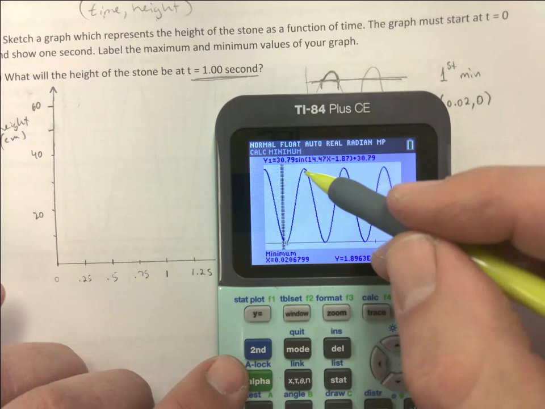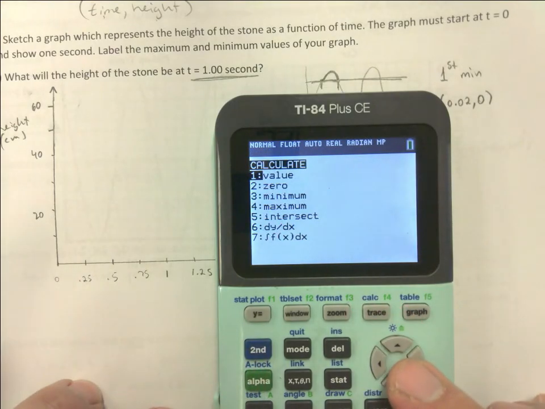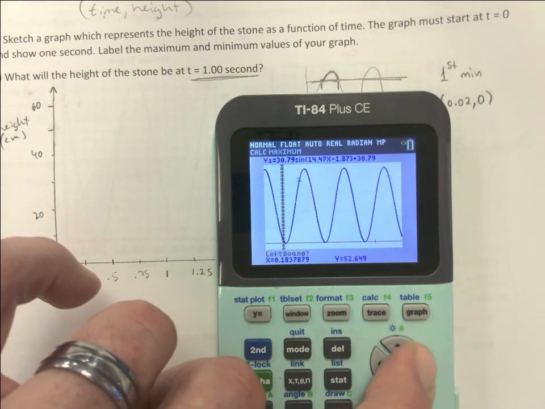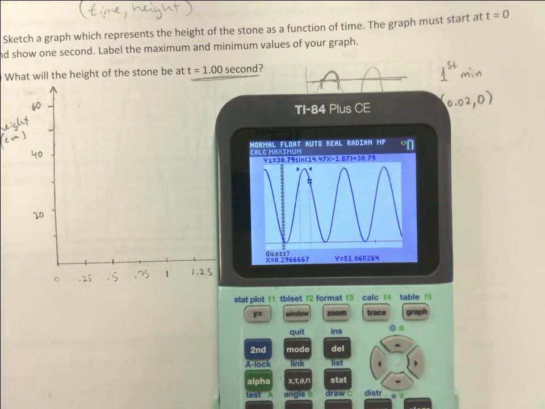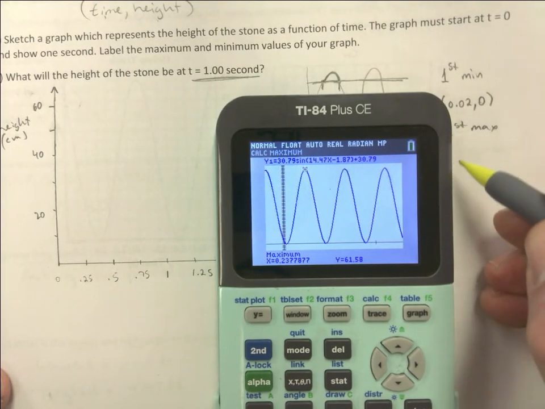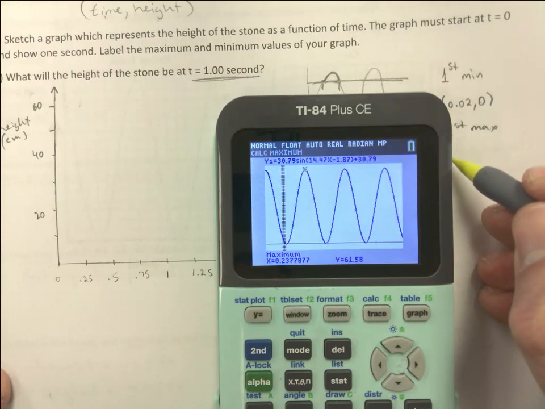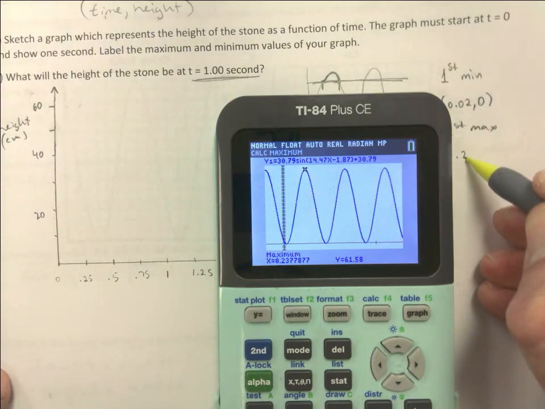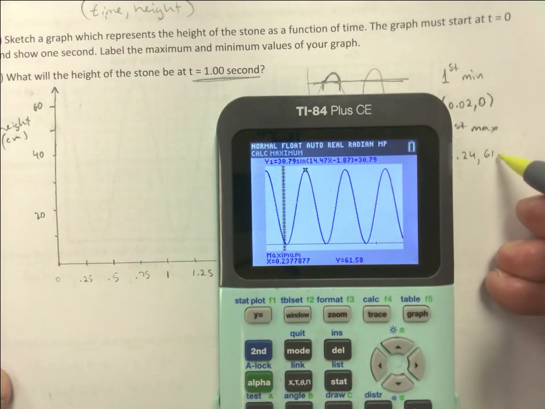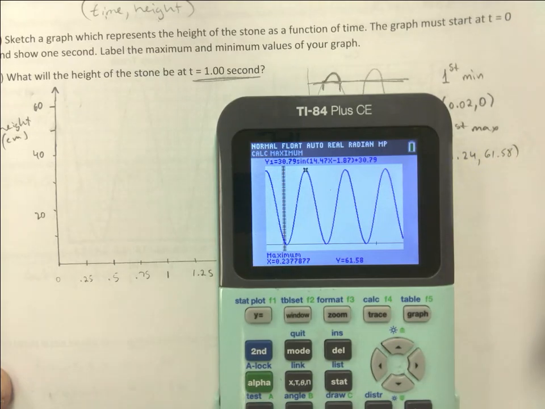And then I'm going to find my max there, second trace max. Enter, enter, enter. So first max is 0.23, or actually 0.24, and that's 61.58. No surprises there.